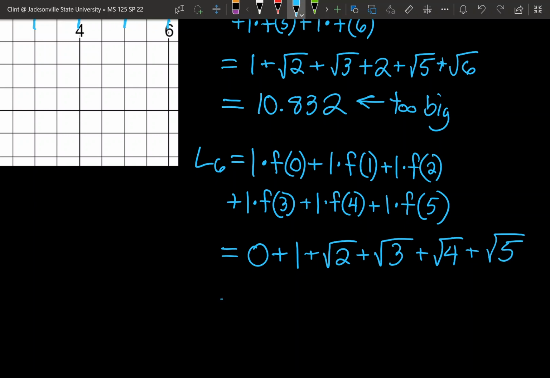So then what's our left rectangular sum here? Square root of 3 plus square root of 4 plus 5. So on that one, I get like 8.382.